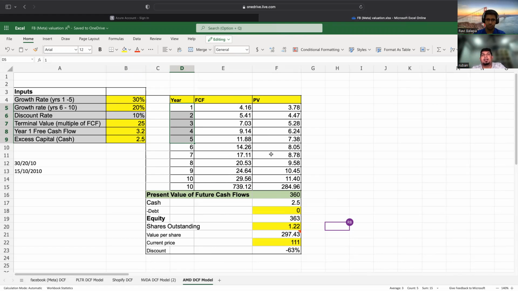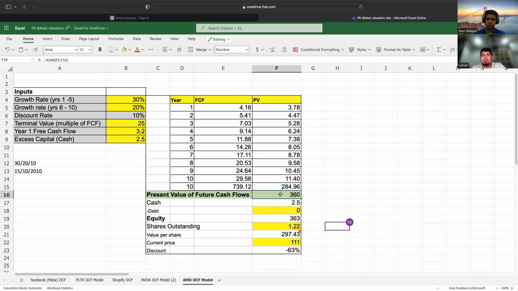After doing that, the present value of the multiple comes out to 284 billion.